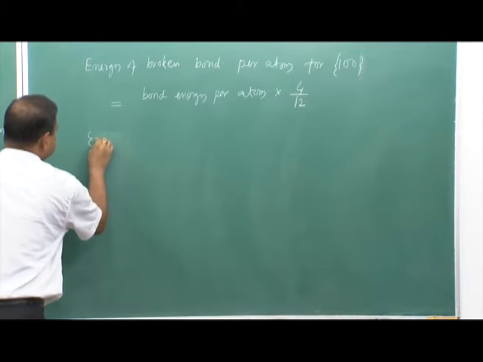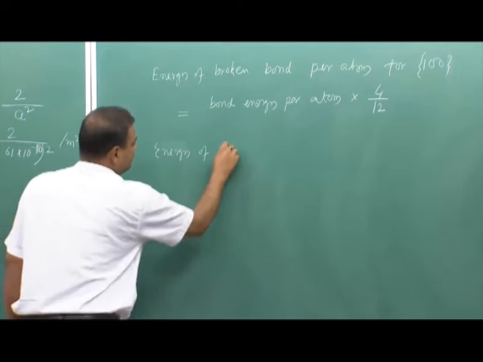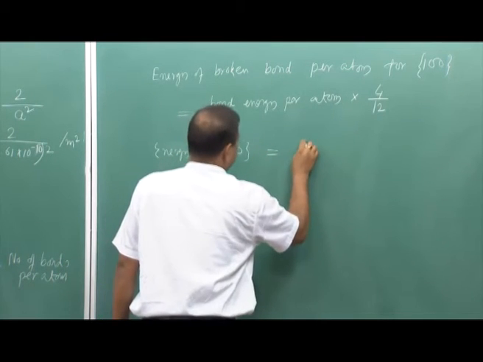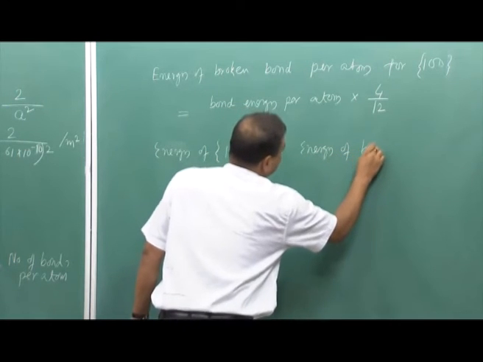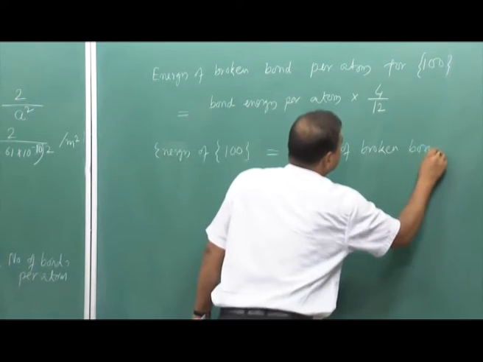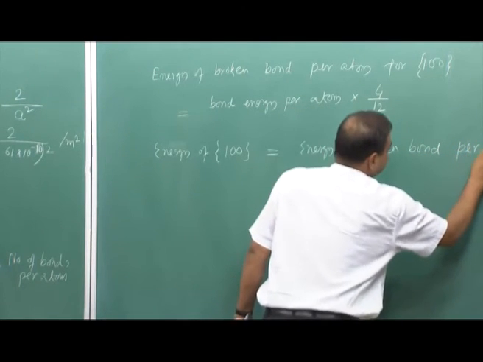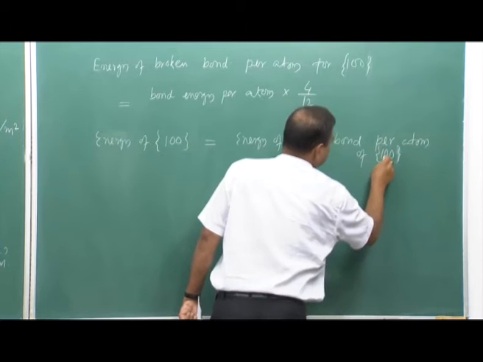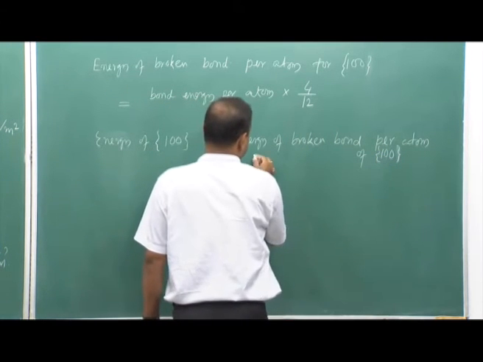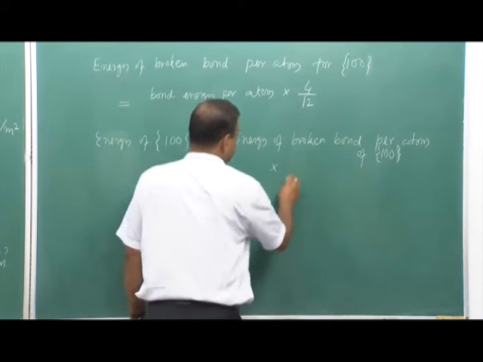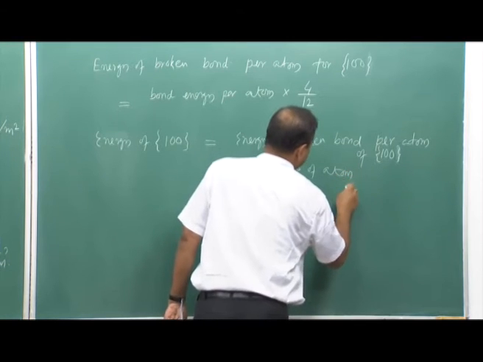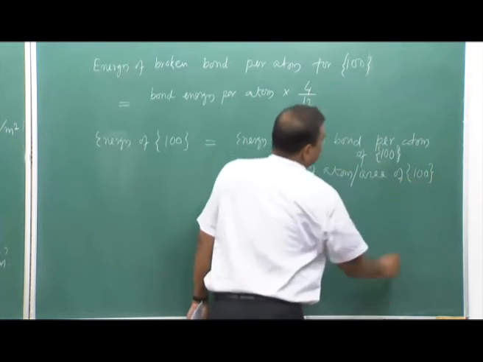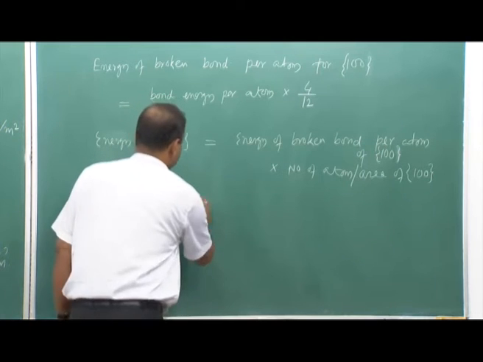So, now the energy of broken bonds per atom, multiplied by the number of atoms per unit area of this plane.